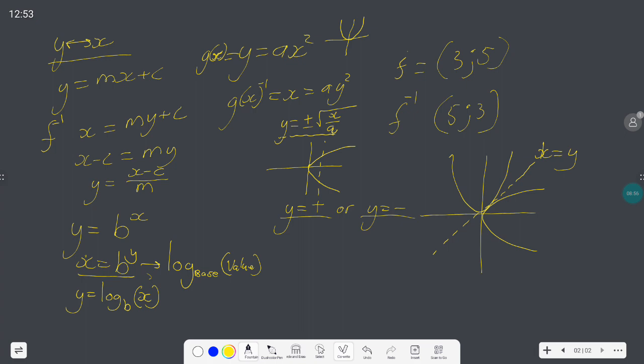If I have an exponential graph that goes like this, if it flips over where x is equal to y, it will become a logarithmic function that goes there. So it flips over this line. So it jumps over and reflects.